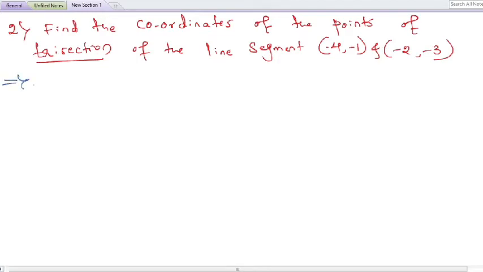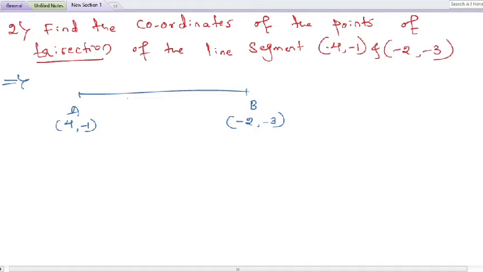So, here trisection means it divides in 3 parts, 3 equal parts. So, how is it? Say it is line AB, the coordinates of A is 4 comma -1, then coordinates of B are -2 comma -3.